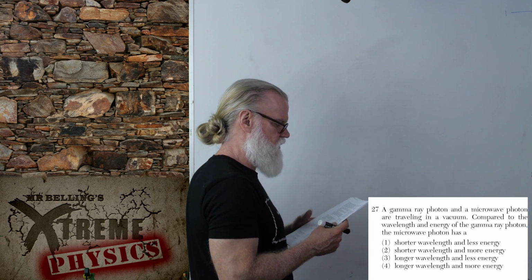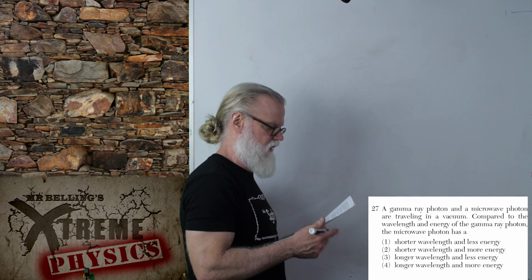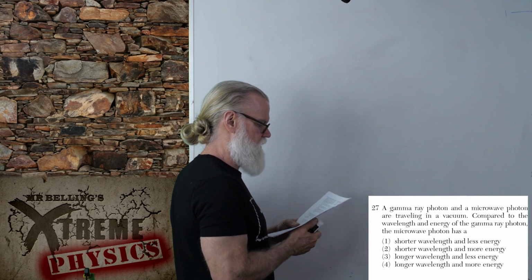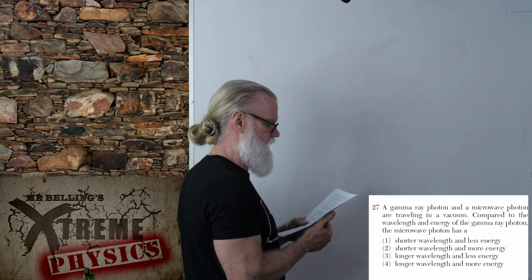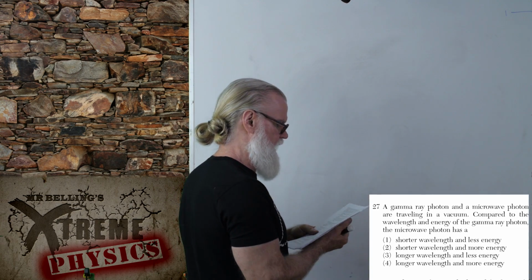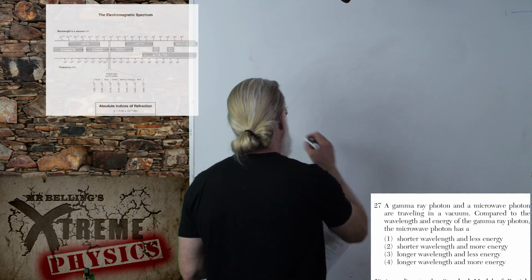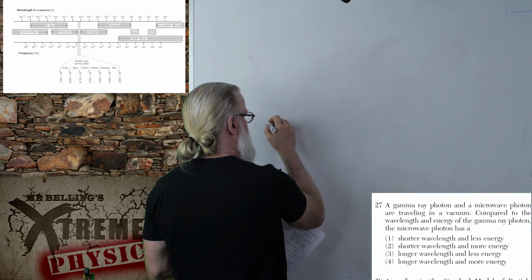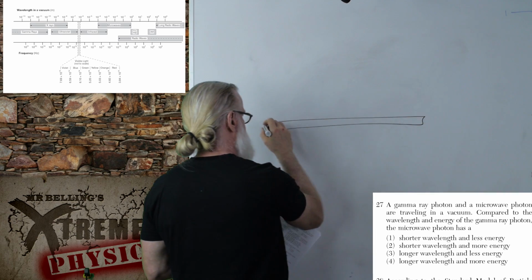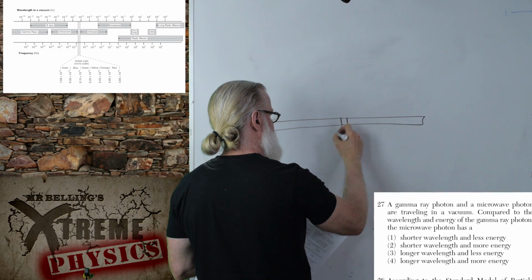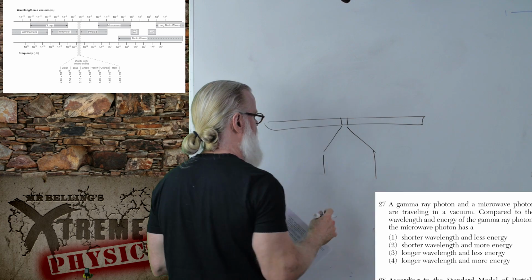A gamma ray photon and a microwave photon are traveling in a vacuum. Compared to the wavelength and energy of the gamma ray photon, the microwave photon has, all right, if we take a look at our reference table, we see that we got our electromagnetic spectrum. It's this big long line. And in here we got visible, and then they break it out like that.